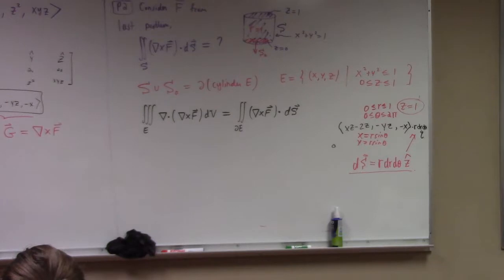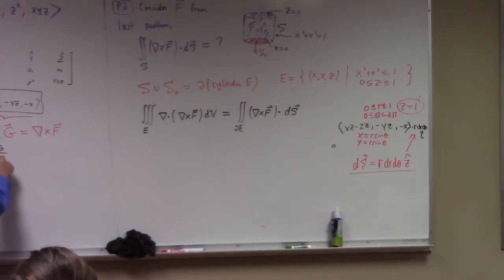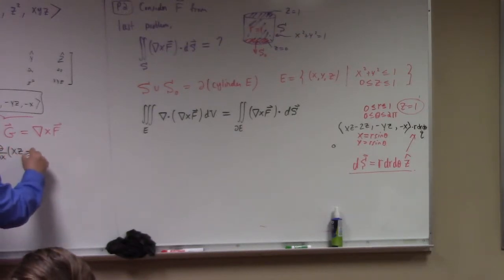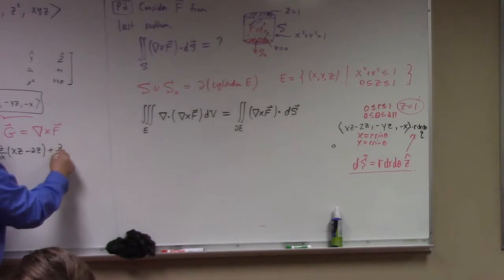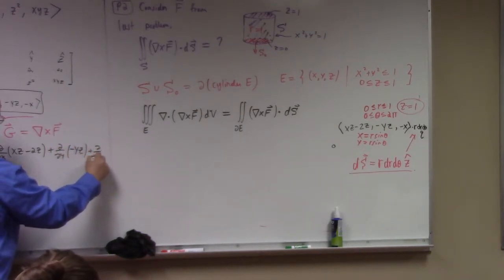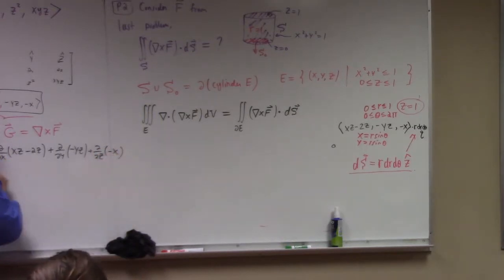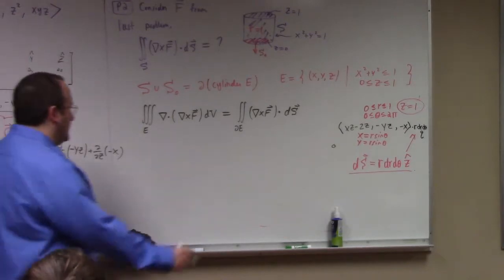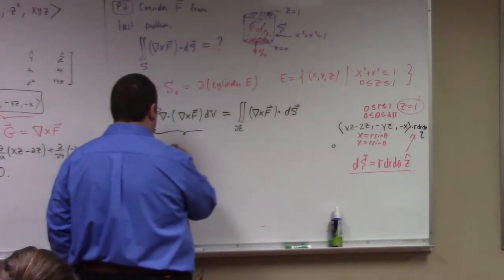Take the divergence of this vector field, what do we get? We get 0, because we get z minus z plus 0. So the divergence of that curl is 0, which means this volume integral is straight up 0.